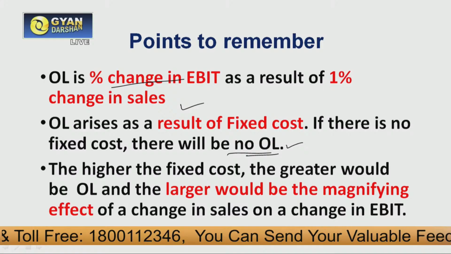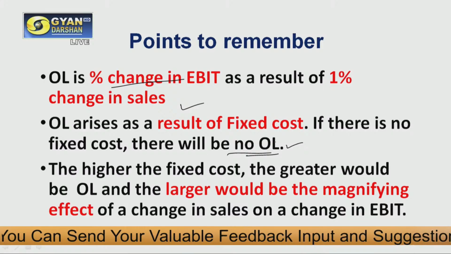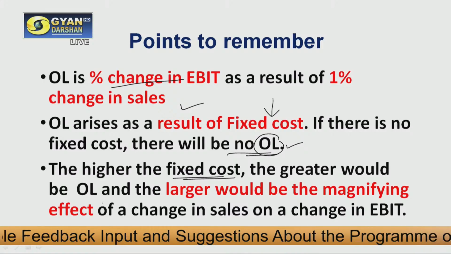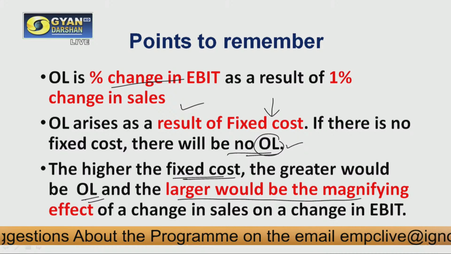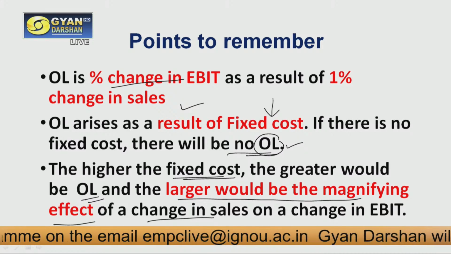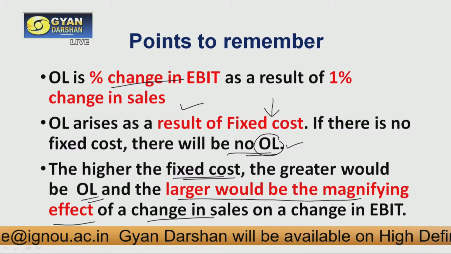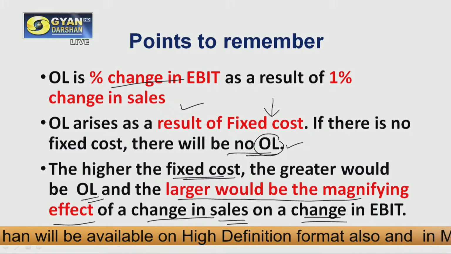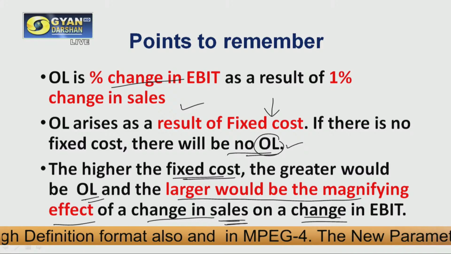And the higher the fixed cost, the greater will be your operating leverage, because operating leverage is affected by fixed cost. So the higher your fixed cost, the higher will be your operating leverage, and larger would be the magnifying effect of the change in sales. So the higher the operating leverage we are dealing with, there will be more fluctuations in EBIT, which is happening because of change in sales, right?